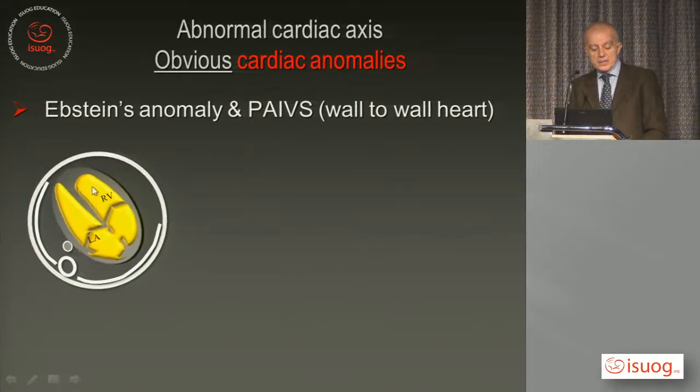The reason why it is so, you see here, is that the thorax cannot accommodate the heart when it's larger than usual, so it rotates on its axis and is called what the pediatric cardiologists name side-by-side heart, or wall-to-wall heart, from one set of ribs to the other set of ribs.